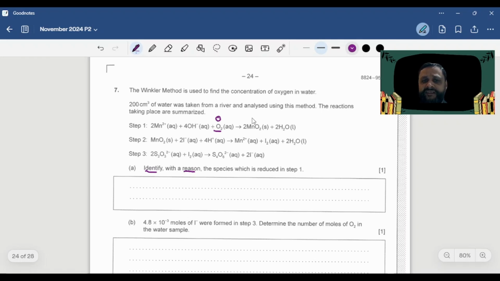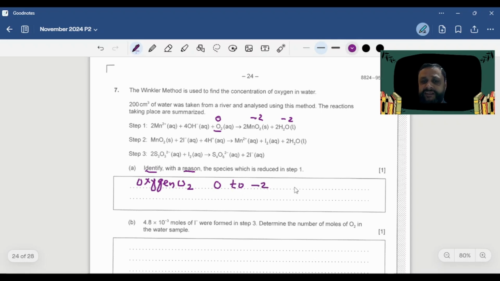On the product side is -2, in water is also -2. So I will write oxygen is the species, O2.